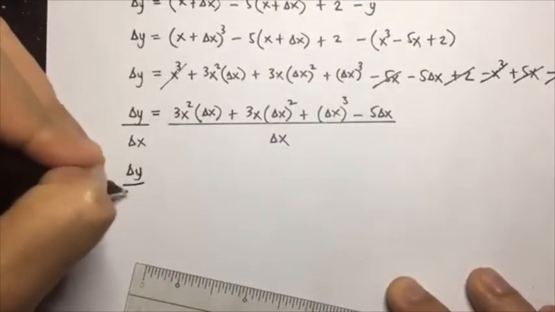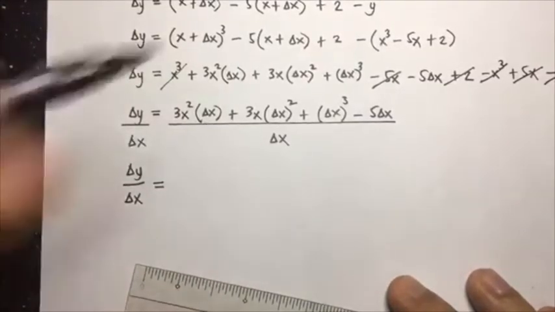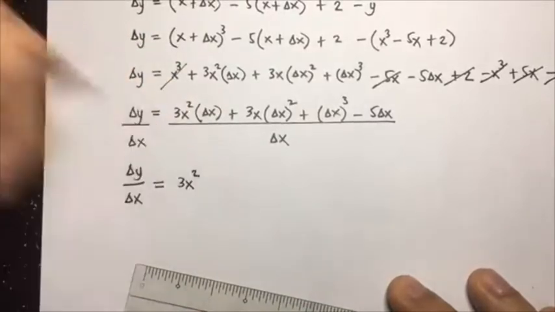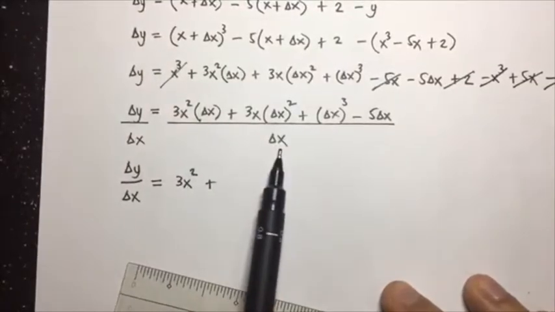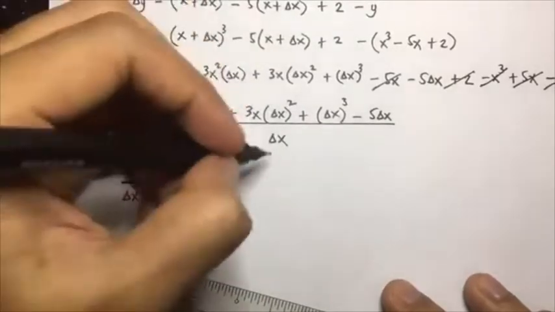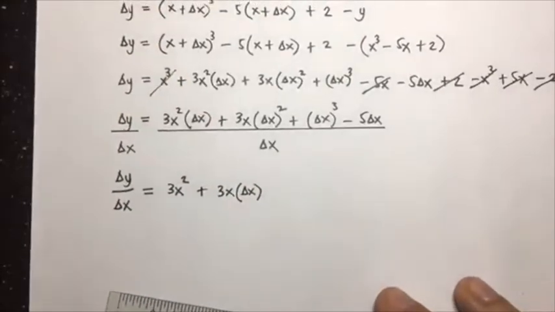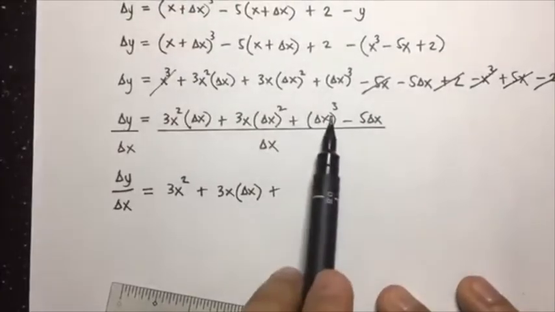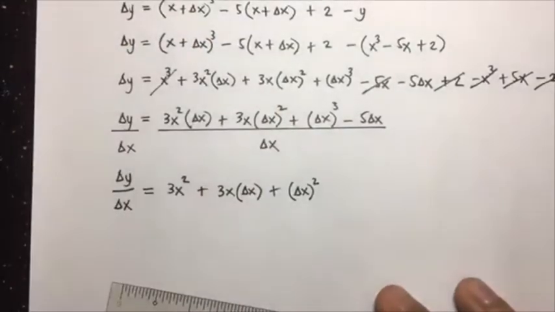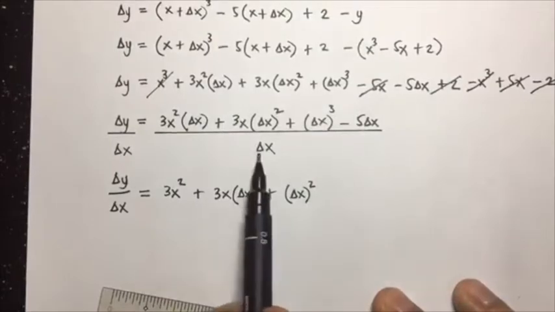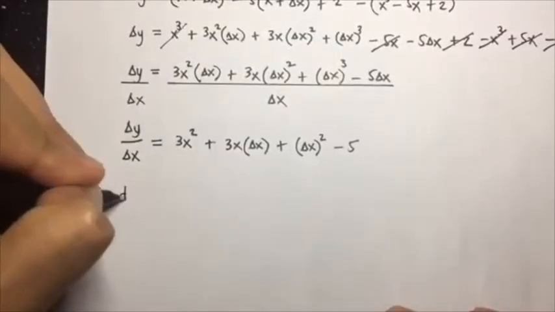So delta y over delta x is equal to 3x squared delta x divided by delta x, so what will remain is 3x squared, plus 3x times delta x squared divided by delta x, so we can cancel out one delta x, therefore what will remain is 3x times delta x, plus delta x cubed divided by delta x, so what will remain is delta x squared, minus 5 delta x divided by delta x, so minus 5.